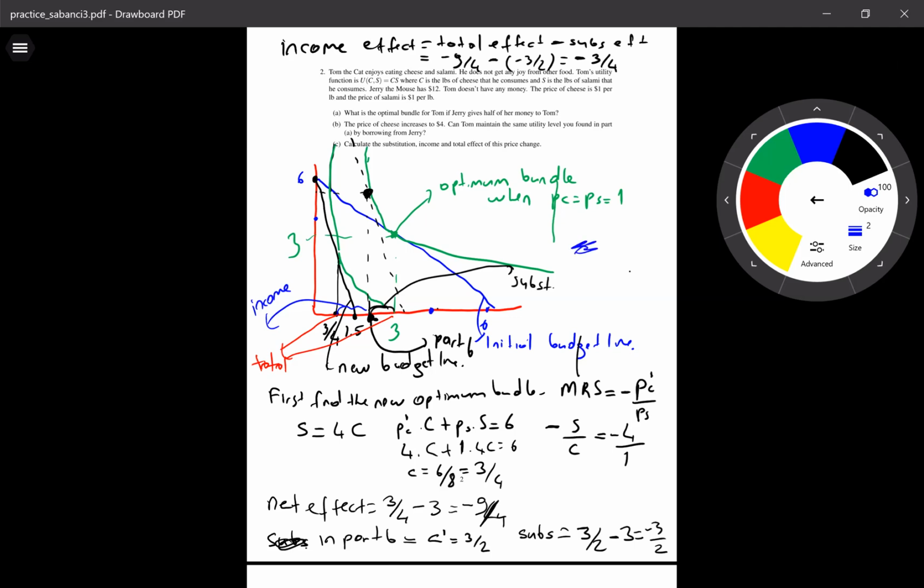Mathematically it doesn't matter. So if in this question we keep the price of cheese at 1 but change the price of salami to 2 or 1 over 2, it would be better to put the salami on the x-axis.